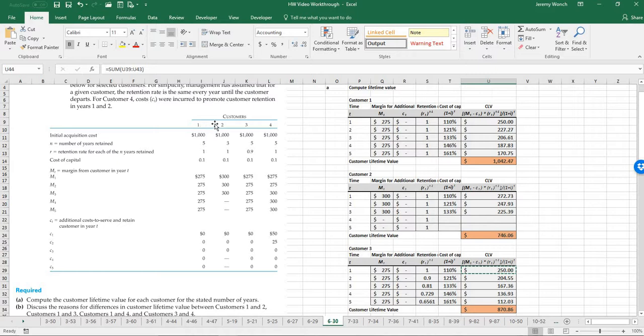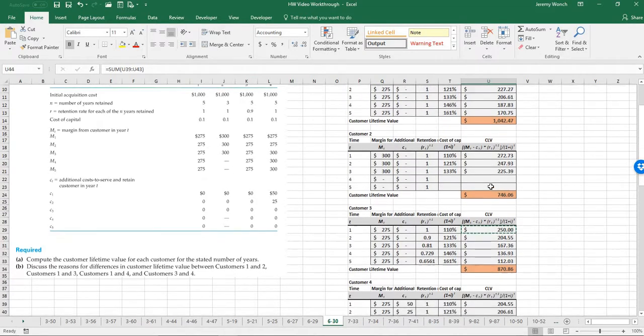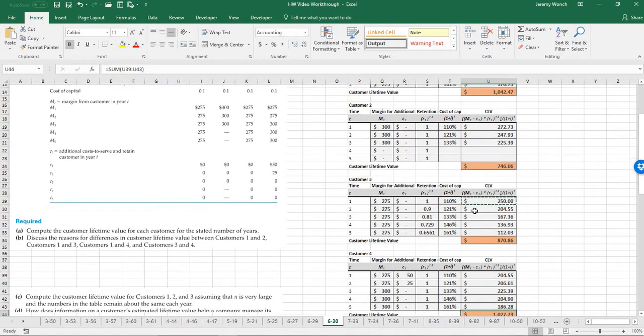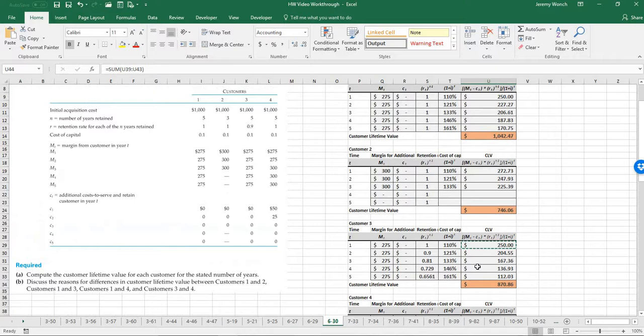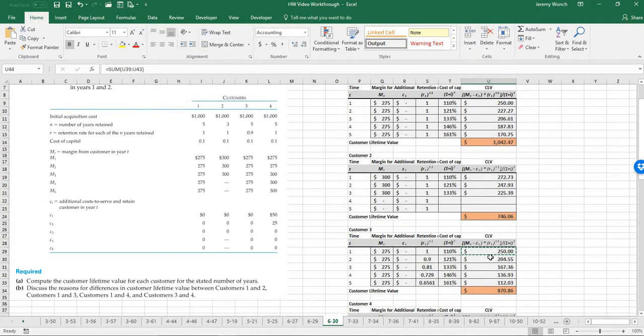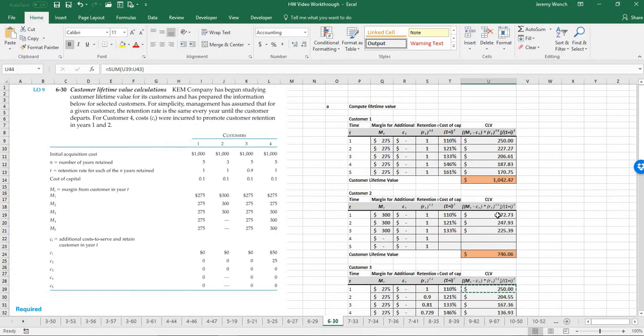It's going to cost us $1,000 up front to get this customer. If a customer has a lifetime value of less than 1,000, that's a loss to us. It'd be better for us not to spend that $1,000 to get them, because we're never going to get our money back out of it if they're not over 1,000.